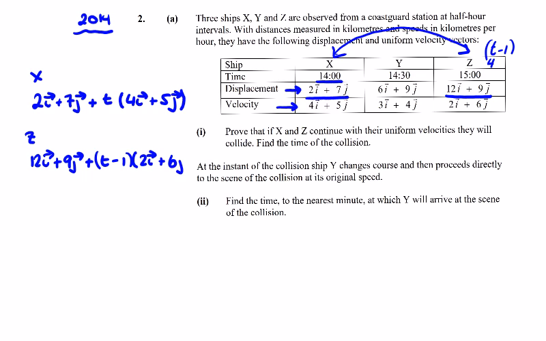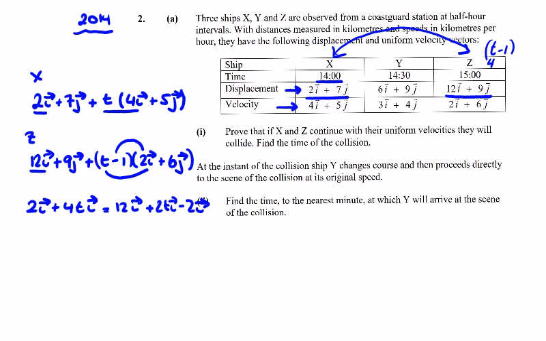So the i's and j's will have to match for them to be in the same position at the same time. So let's see, is that possible? We're going to have 2i plus 4ti. That would have to be equal to the i component down here, 12i, plus we have this 2ti and then minus 2i.